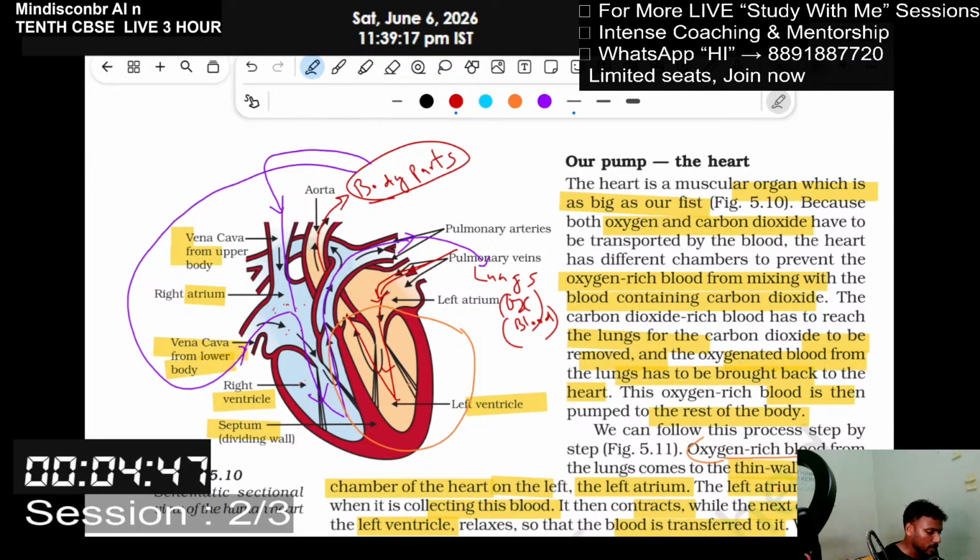Oxygenated blood from the lungs comes to the pulmonary veins and it reaches the left atrium. It reaches the left atrium only when the left atrium is relaxed.